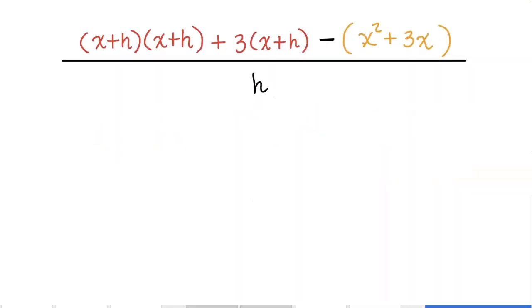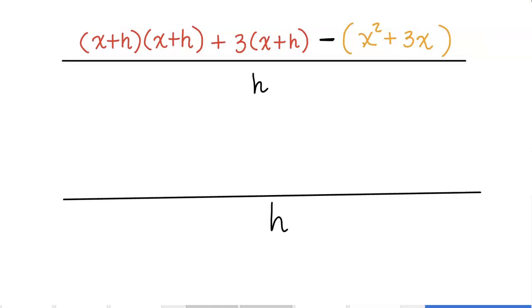So go down, long fraction bar again, h in the denominator, but let us FOIL that first binomial squared. So when you do x times x, you get x squared. X times h is xh. There's another x times h, so that's going to be another xh.